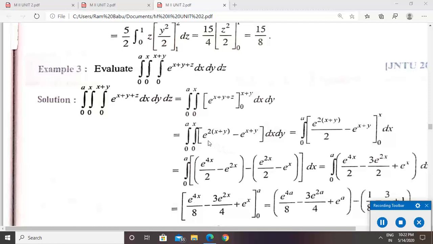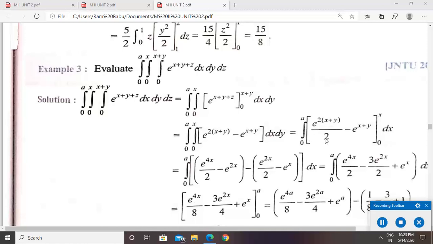Therefore the integral value of e power of 2 times x plus y is e power of 2 times x plus y by 2, minus integral value of e power of x plus y is e power of x plus y. Limits are 0 and x.